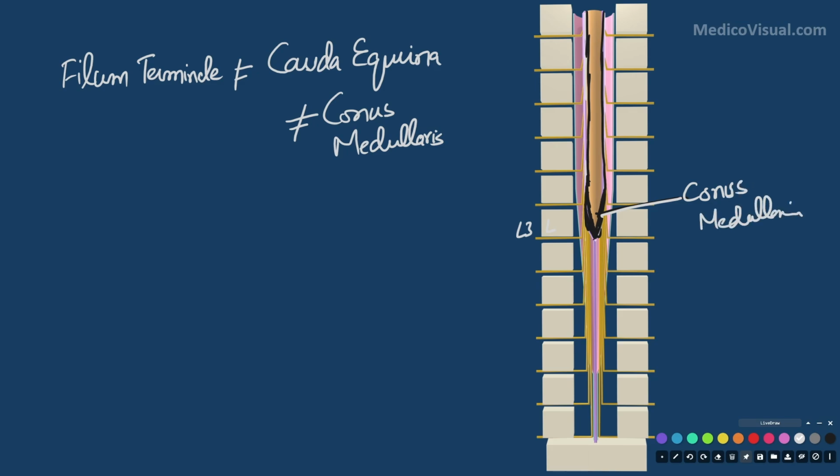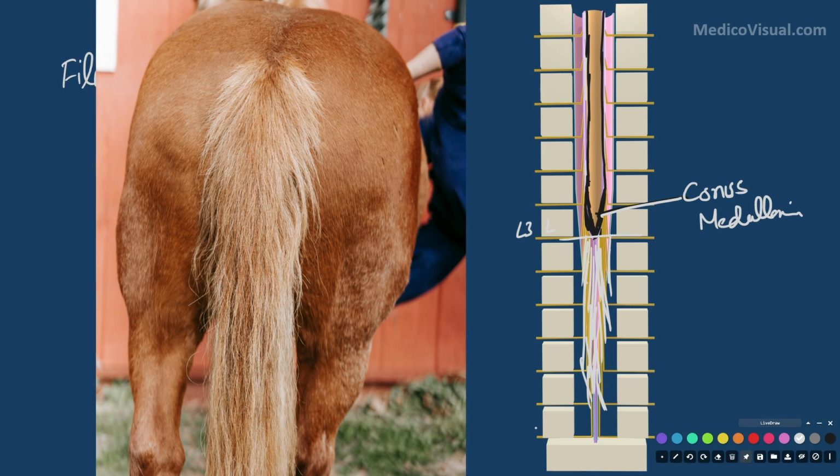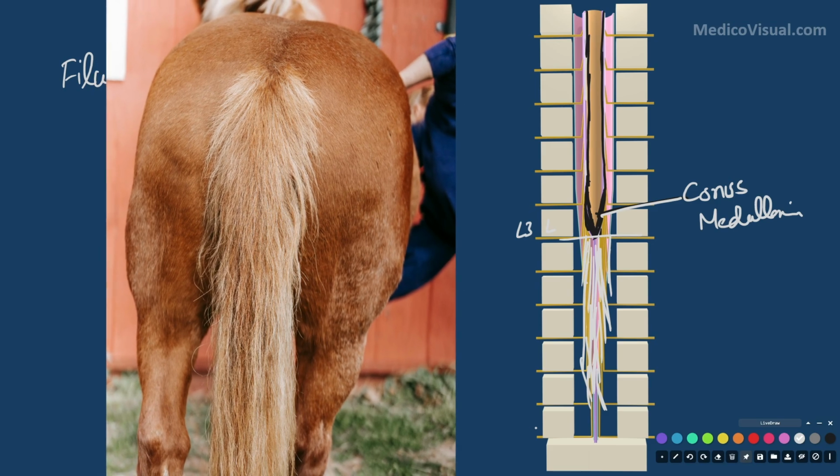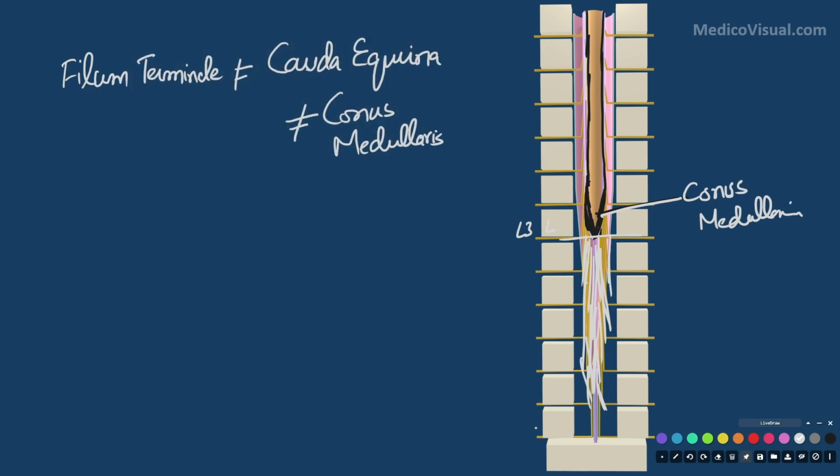Then if you go caudal to the conus medullaris, you can see that there is no spinal cord here because the spinal cord has terminated, but you will see these nerve roots here. These nerve roots give an appearance of the tail of a horse. So anatomists have put a very artistic name. They call it horse tail, or in Latin, cauda equina.